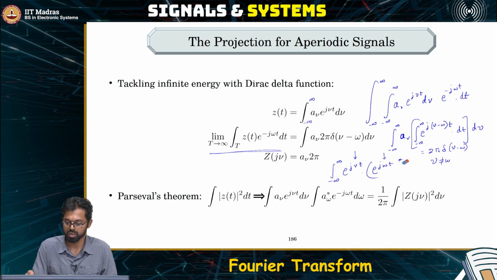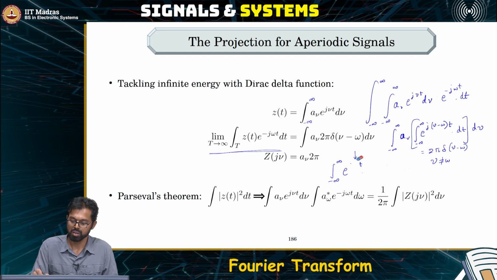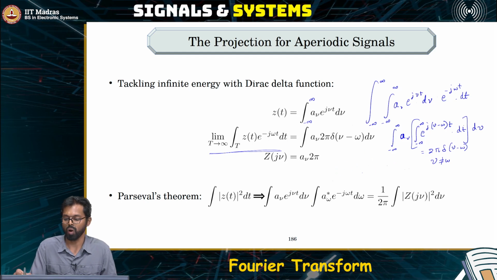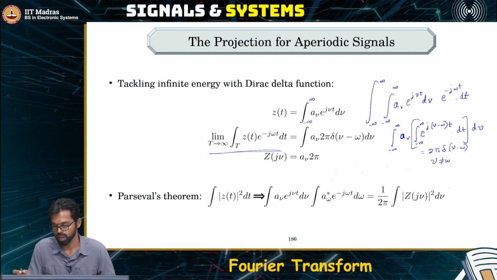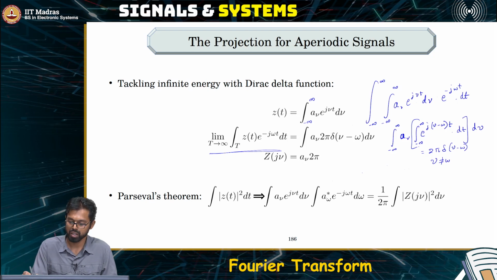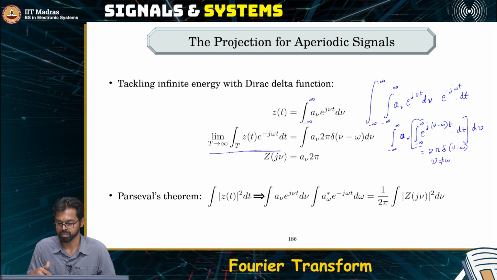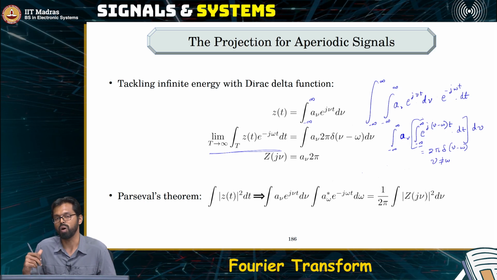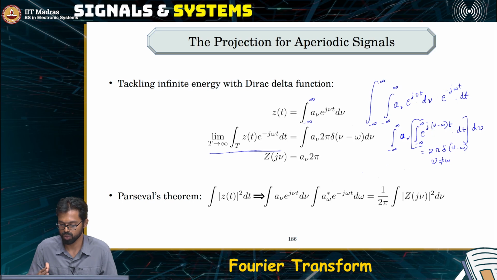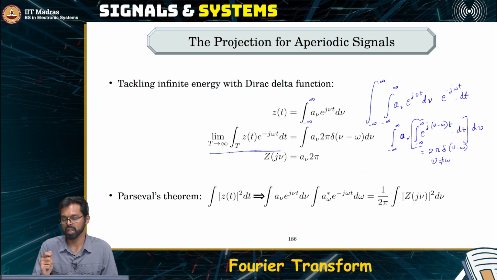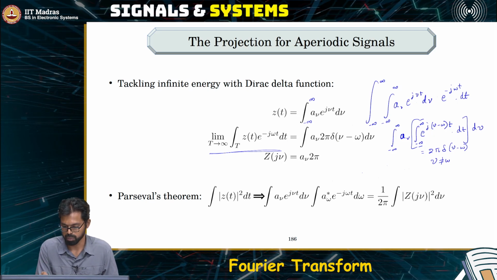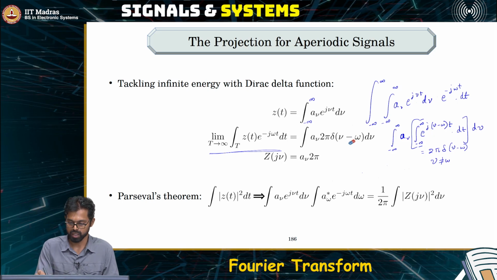That's the definition of orthogonality of orthogonal phasors, right? So this has to be 0 for all ν and ω which are not equal. When they are equal, because you are integrating from minus infinity to infinity, you are supposed to get an infinite number. And we know a way of quantifying these things which go to a very large value for one particular value of the input variable, and that is the Dirac Delta function.